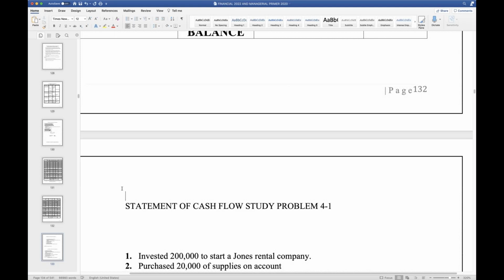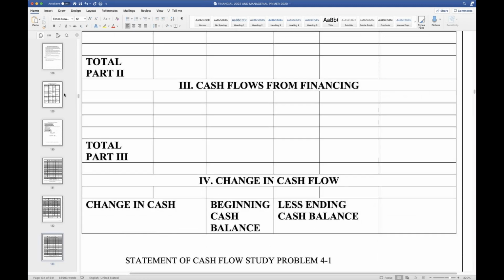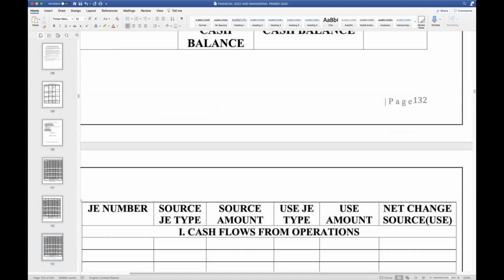And we're going to paste this clean one above this problem. Okay, so I got the clean one above the problem.